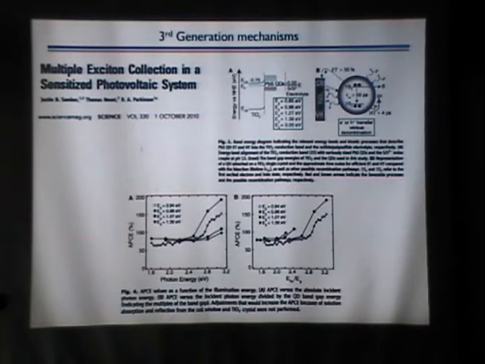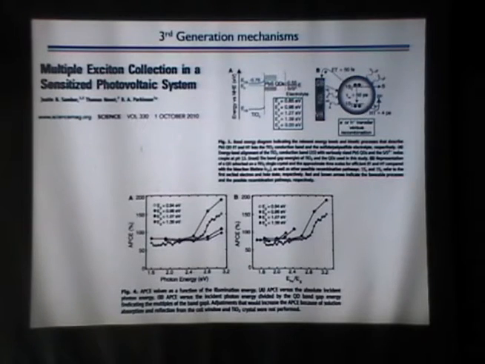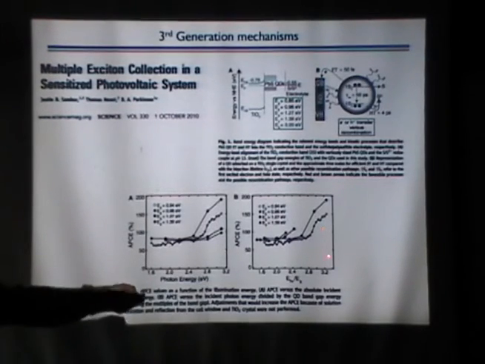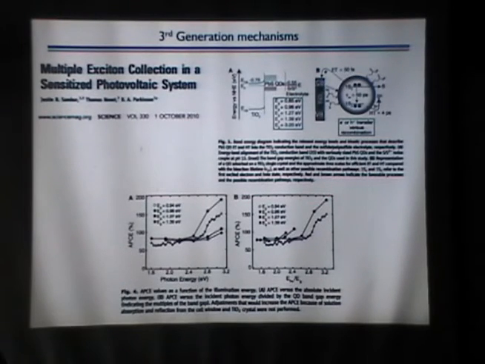And you see for photon energies, something like 3 times the band gap or higher, they're demonstrating above 100% quantum efficiency. So there must be more than 1 exciton in the system, and you must be harnessing more than 1 electron per photon. And in the best case scenario, there is something like 4 times the band gap, they're getting almost 200% quantum efficiency. So this is a big deal.